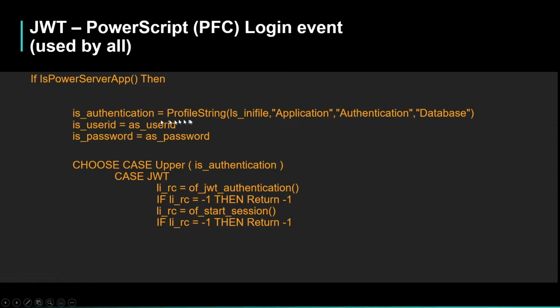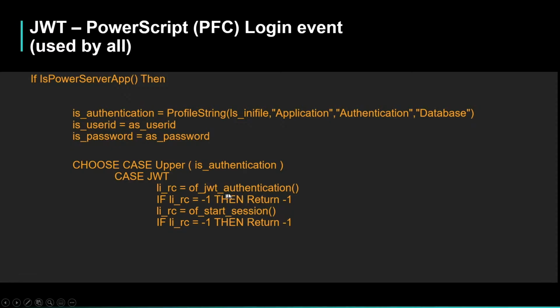But anyway, I'm reading the authentication method, and I'm doing a choose case based on it. There's a case for each of the different methods that calls a specific authentication method for each one, and then calls that start session, which I said is used by all of them.